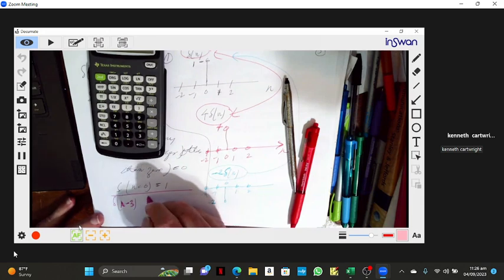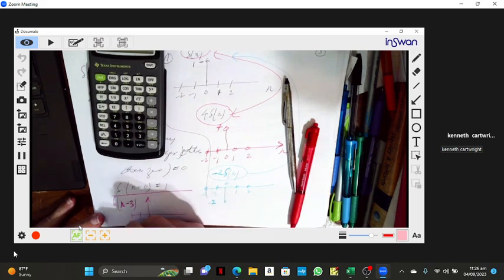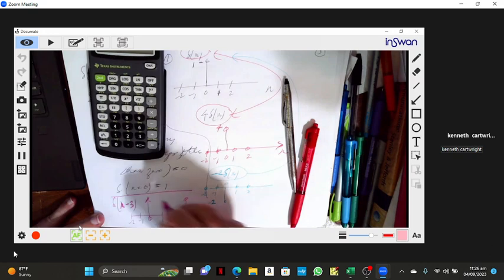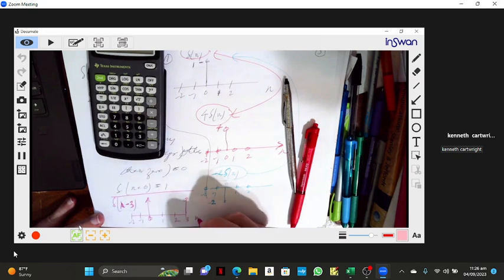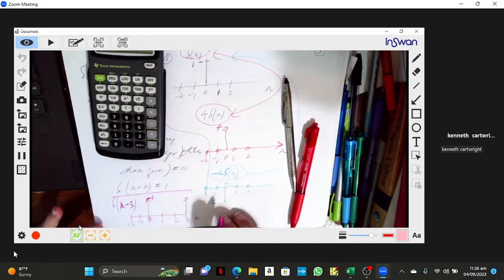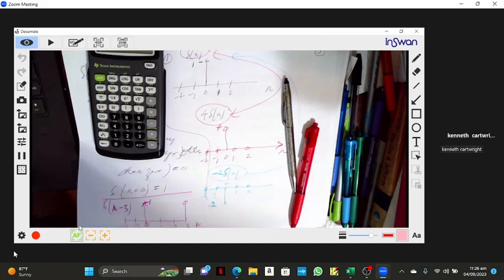So n equals 0, -1, -2, 1, 2, 3. And how tall is it? 1. Yes. Good.